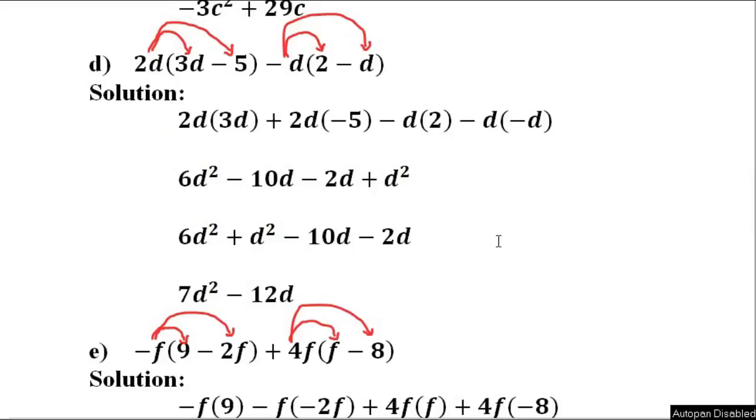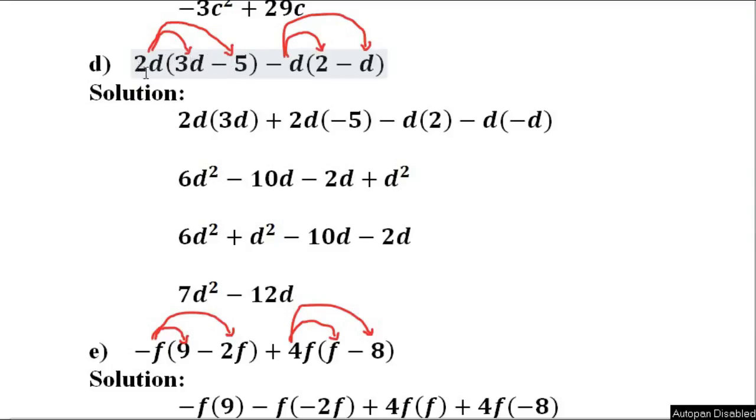Moving on to number 4, we have positive 2d and then in parentheses positive 3d negative 5, negative d and then in parentheses positive 2 negative d. Let's start by using the distributive property to remove any parentheses and then we can look to combine like terms.